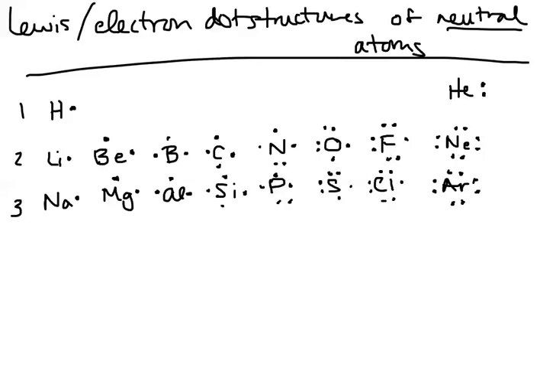Really quickly, can you say that again? Yeah, so hydrogen, just like lithium and sodium, has one valence electron. However, helium has two valence electrons, but that's as many as that orbital can hold. The first valence shell can only hold 2, and the next valence shell can hold 8.